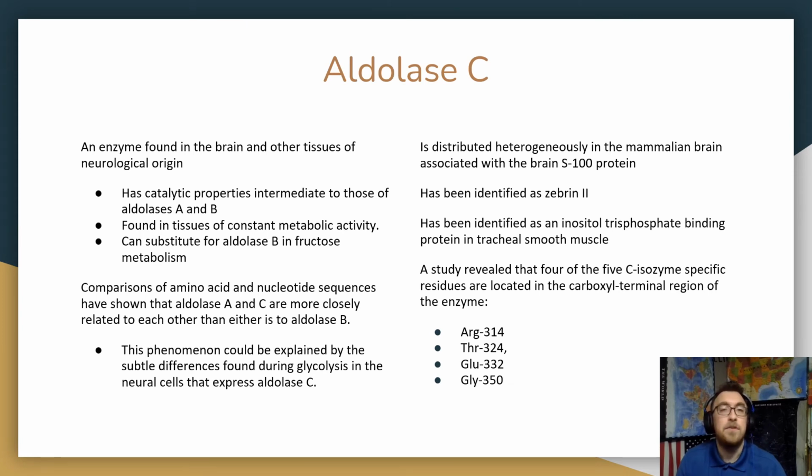Furthermore, aldolase C has been identified as zebrin-2, an intracellular antigen associated with the organization of the mammalian cerebellum, which structures itself in bands of cells, giving it a striated appearance. In addition, aldolase C has been identified as a binding protein in tracheal smooth muscle. However, the implications of this association are unclear.